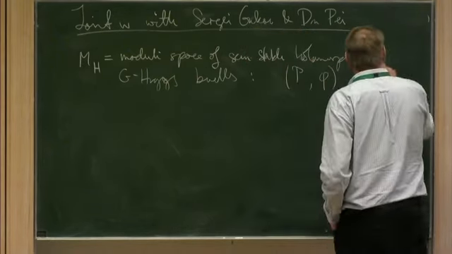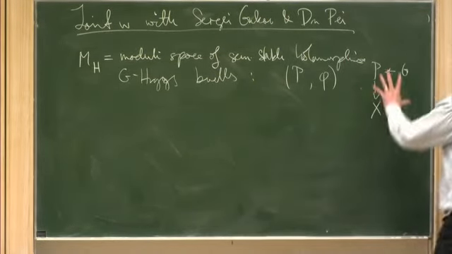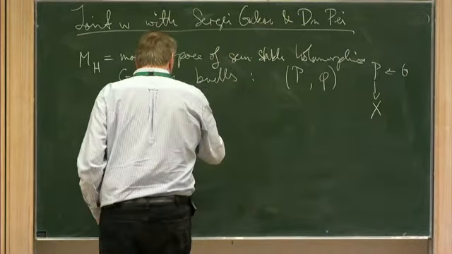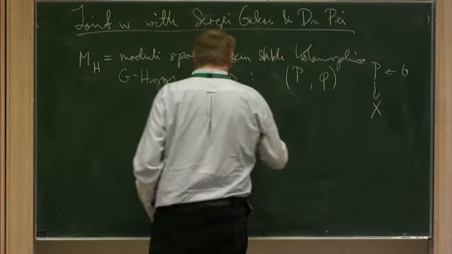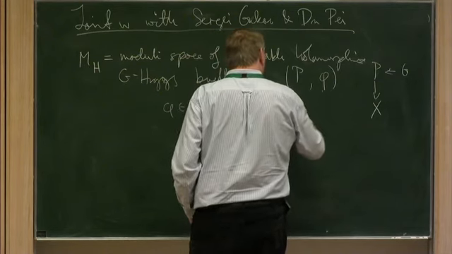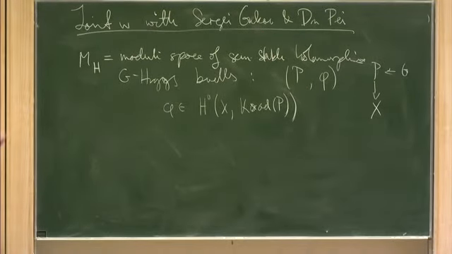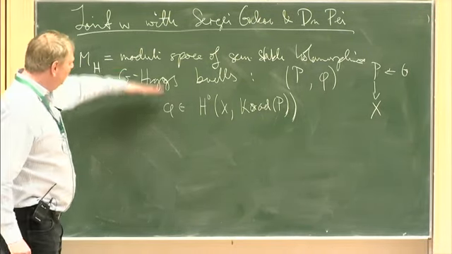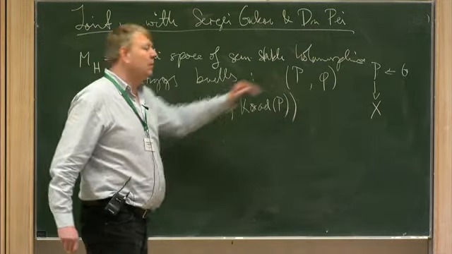So P is this principal G bundle over X, which is holomorphic. So that is what we looked at there. But what we are adding is this Higgs field, and this is simply a section over X of the canonical bundle tensor the adjoint bundle of P. So we just add a field like this. And now the semi-stability condition will actually depend on this Higgs field.